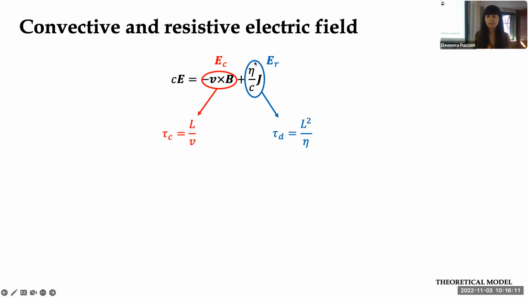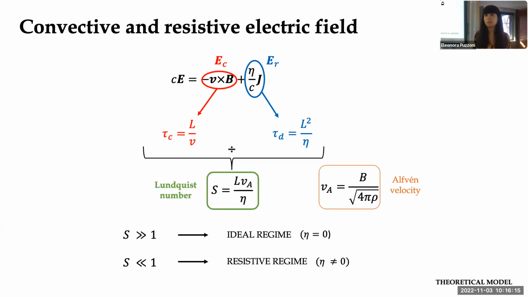These two terms are linked to two different temporal scales, and the ratio between these two temporal scales gives us, again, the Lundquist number. This number characterizes two different regimes, the ideal regime in which the resistivity is equal to 0, so magnetic reconnection should not be triggered in this case, and the resistive regime in which the resistivity is, of course, different from 0.